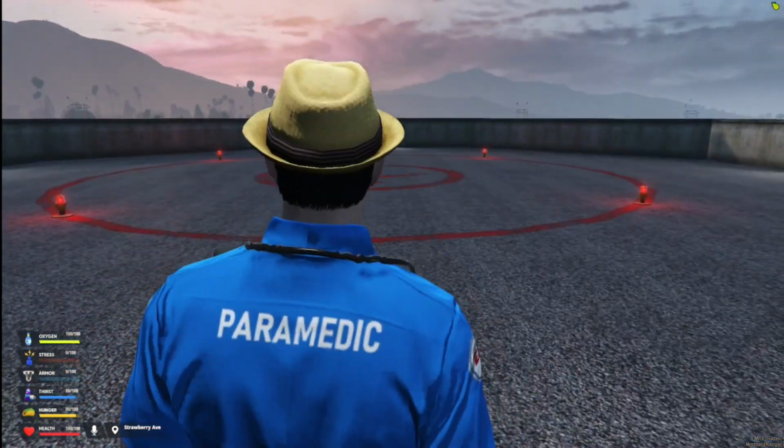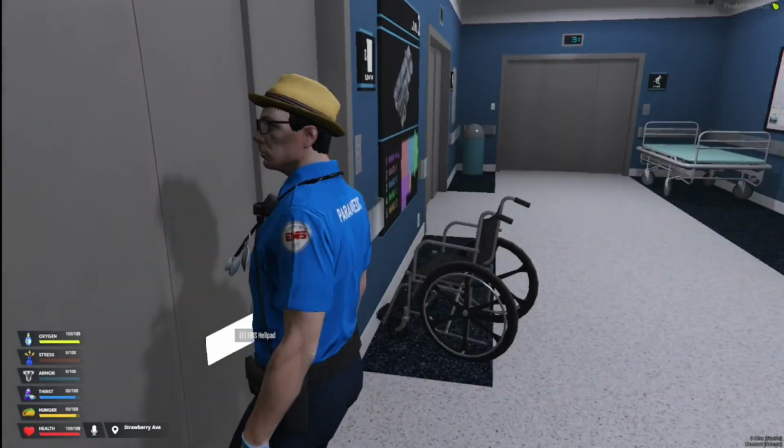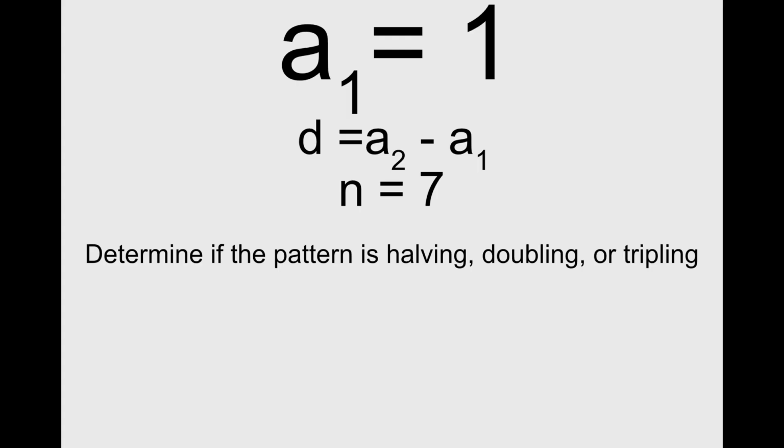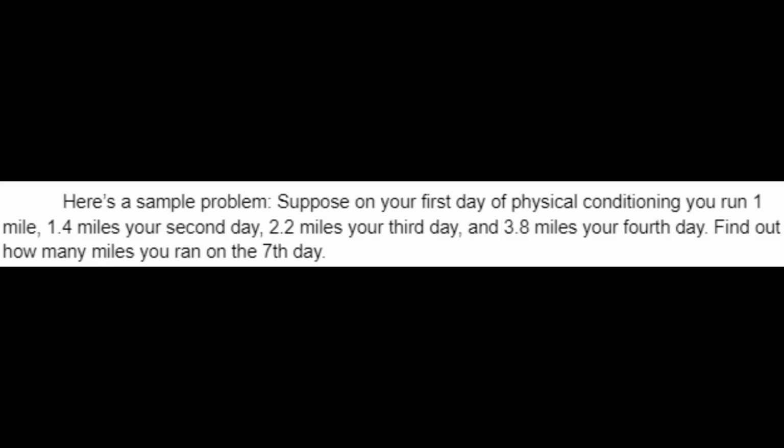I'm not sure how I would name the variables, so pardon me if I'm breaking syntax here, but consider the following. a sub 1, the first term, is equal to 1 in this instance. Let d equal the distance of a sub 2 and a sub 1. The difference in this instance is 0.4.